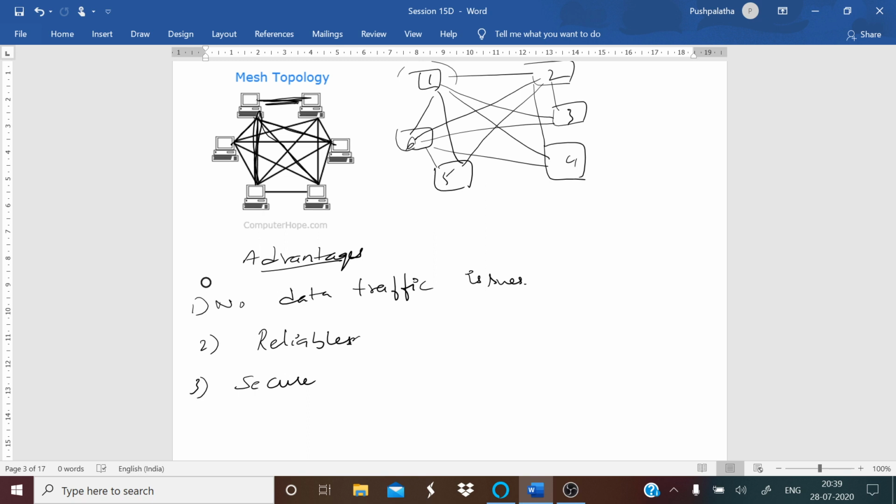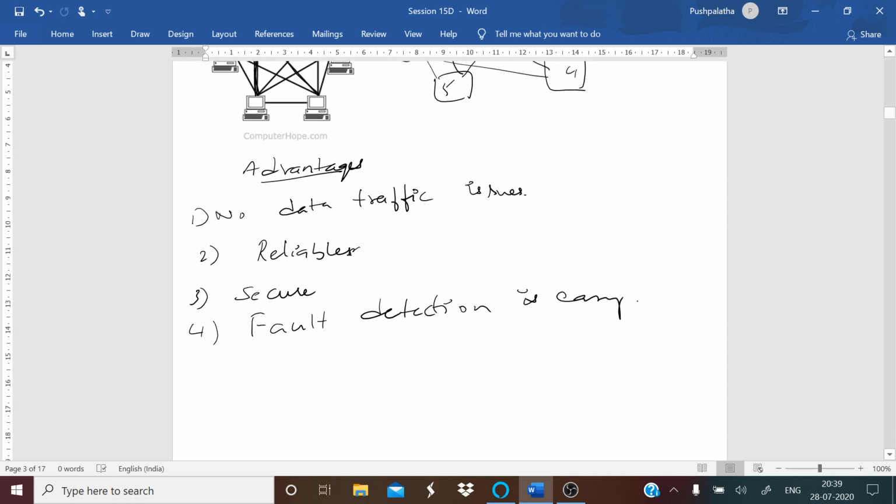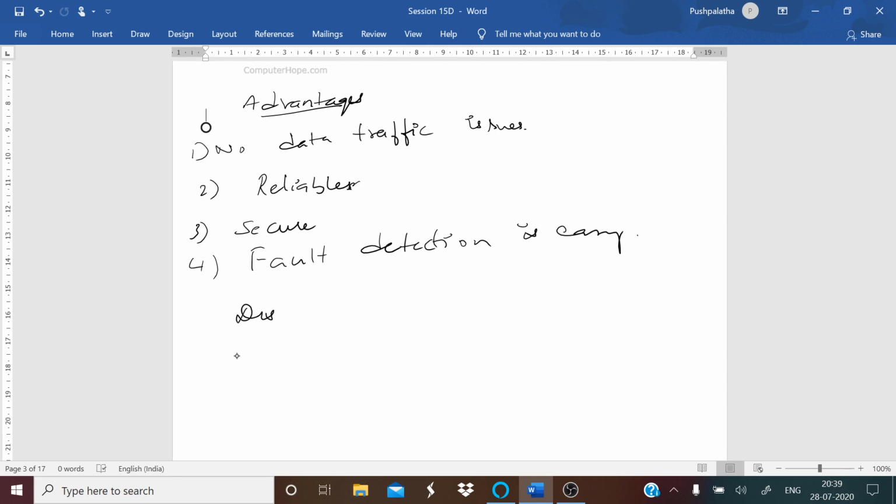And also one another advantage is fault detection becomes easier. Fault detection is easy. Okay, so these are the advantages of your mesh topology.